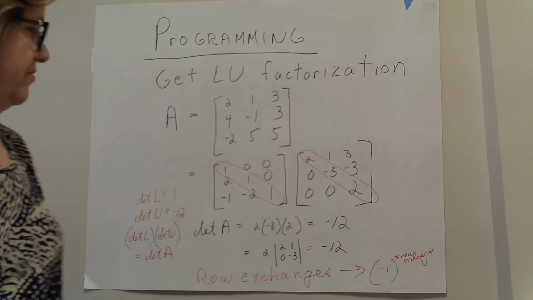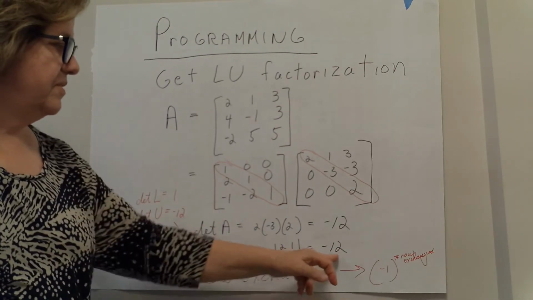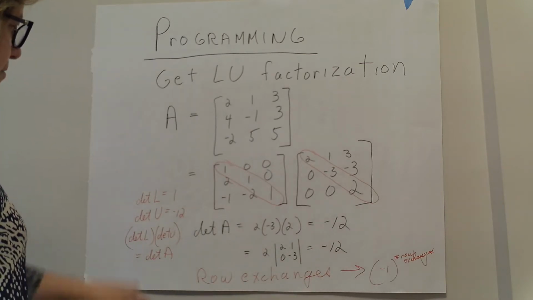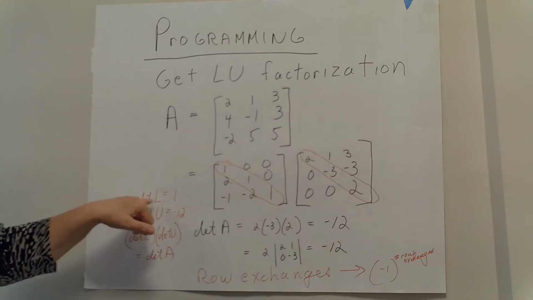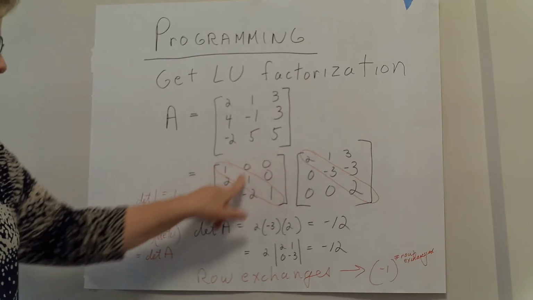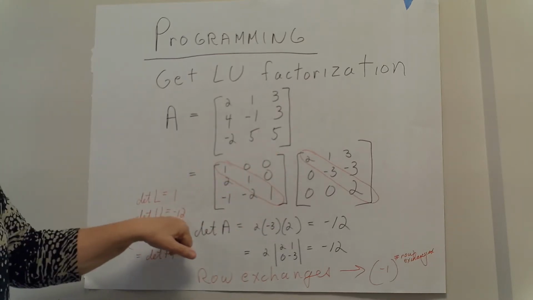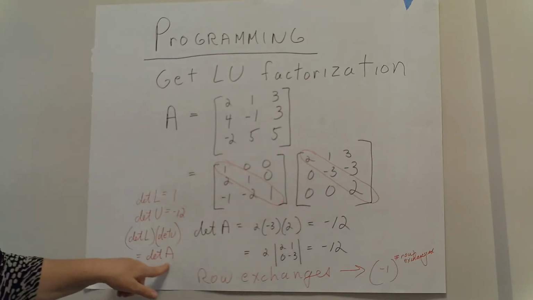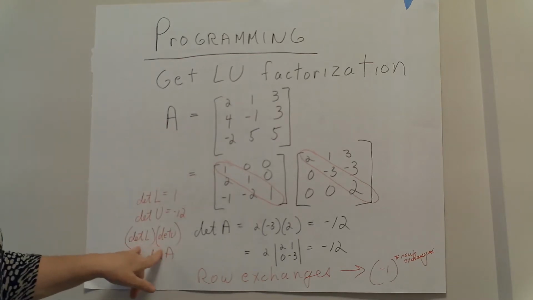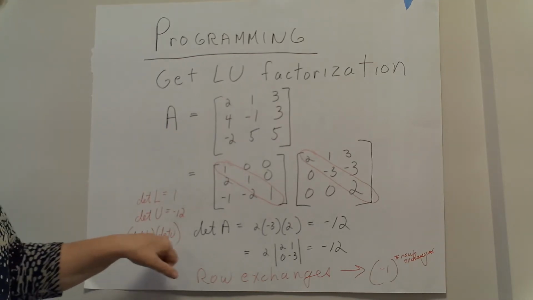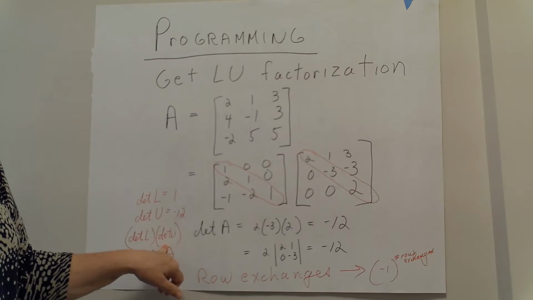So what's the determinant of the original matrix? Negative 12. Why? Because the determinant of L is 1, the determinant of U is negative 12, and the determinant of A is the determinant of L times the determinant of U.